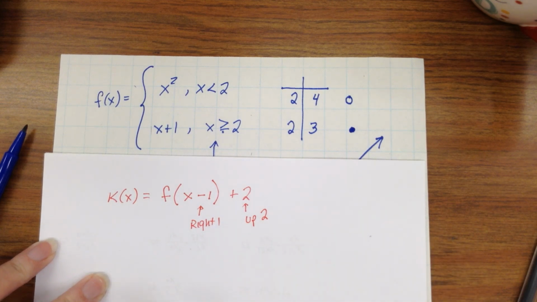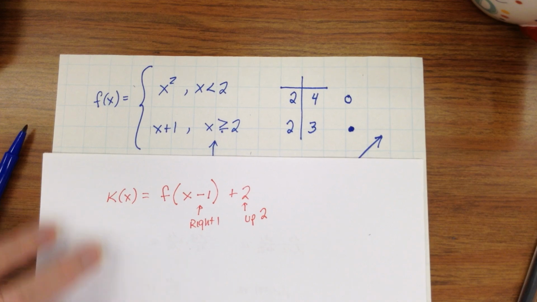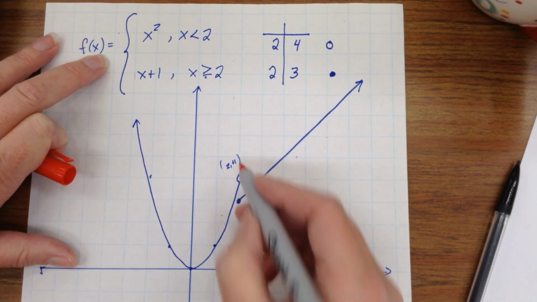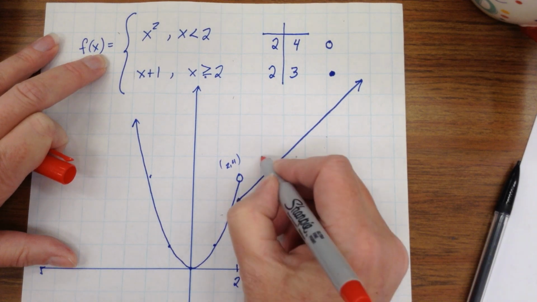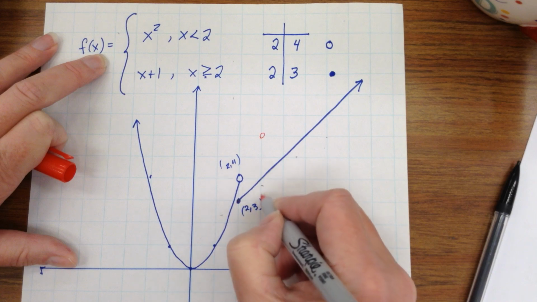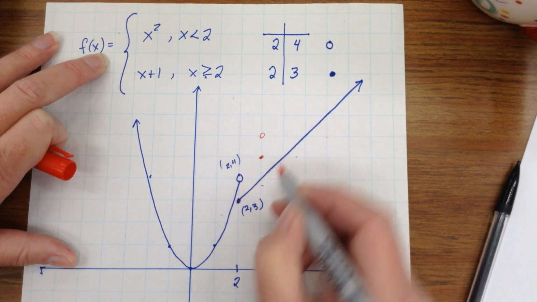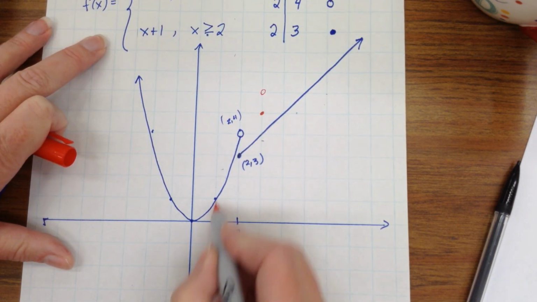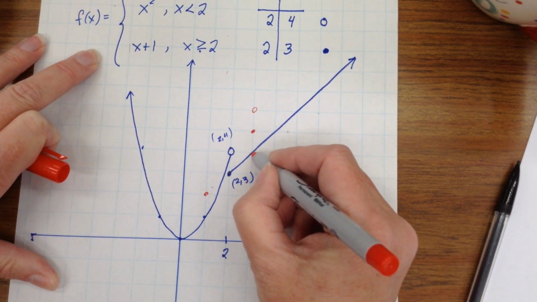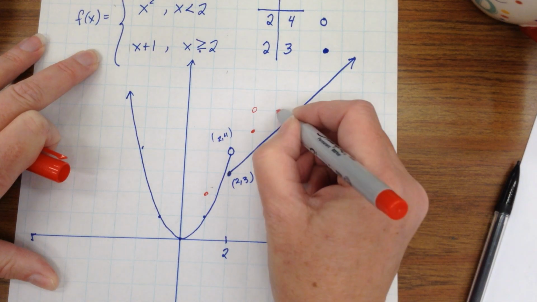So without even knowing the equation for k of x, could you sketch it? Well, yeah. You take this graph and you move everything right 1 and up 2. I'm starting with the circle and then the dot, right 1, up 2. I might pick the vertex, right 1, up 2. I could pick another point on the line, right 1, up 2.